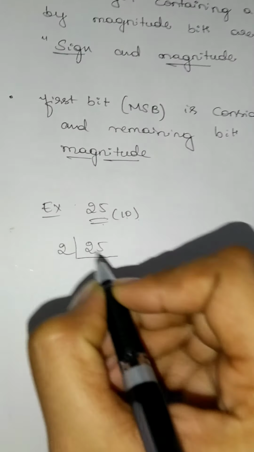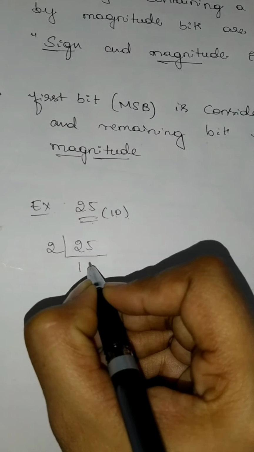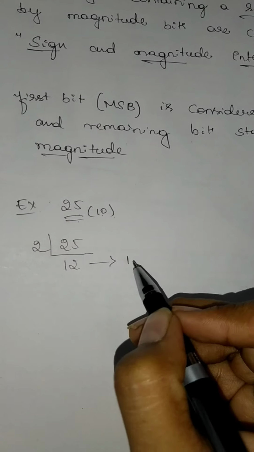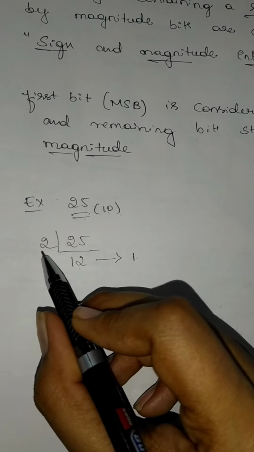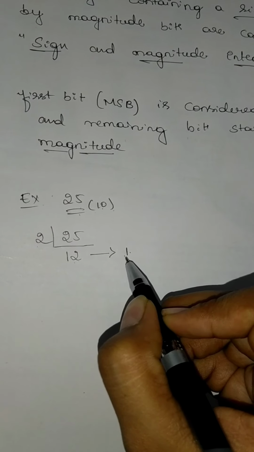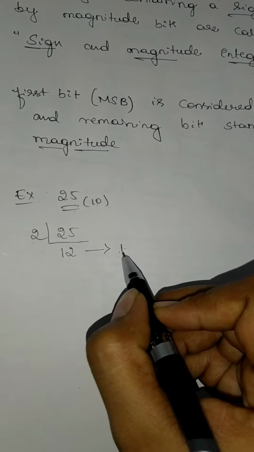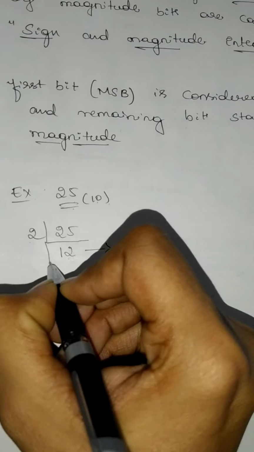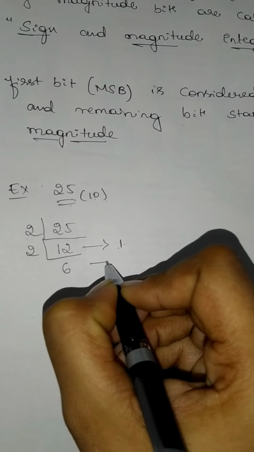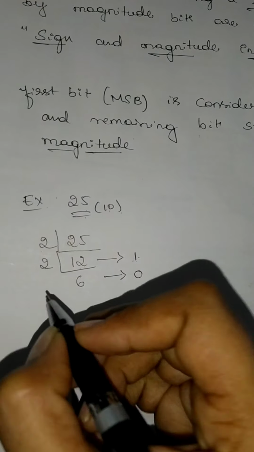So now we'll see: 2 ones are 2, then 2 twos are 4. I am left with a remainder of 1. So 12 twos are 24, 25 minus 24 becomes 1. So the remainder will be 1. Again I have to divide. 2 sixes are 12, and the remainder will be 0, right?